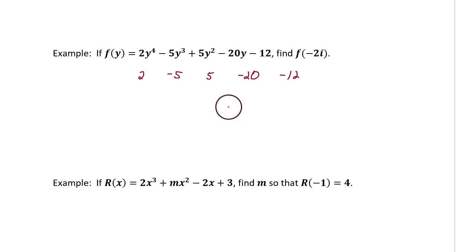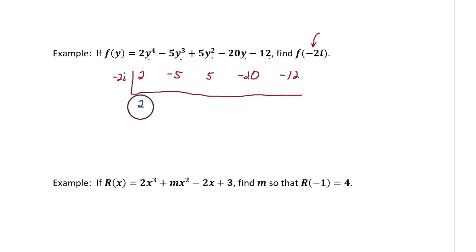We don't need any zero placeholders because it never skips a term as it counts down to the constant number. Then make the bracket. Take the number to be substituted and write it on the left side. Now we're going to follow through the process, which begins by dropping this one straight down underneath.